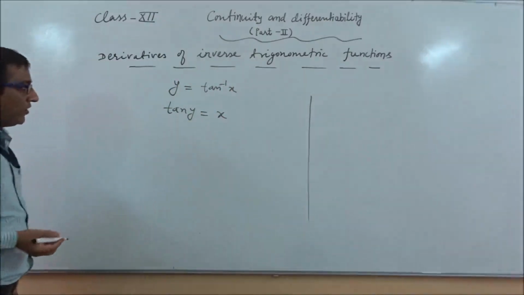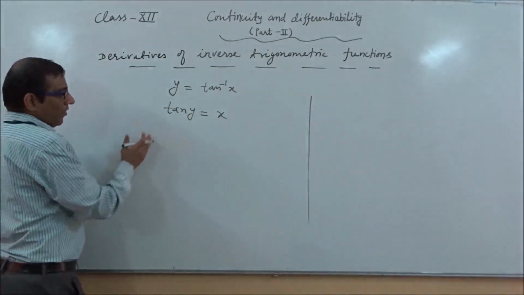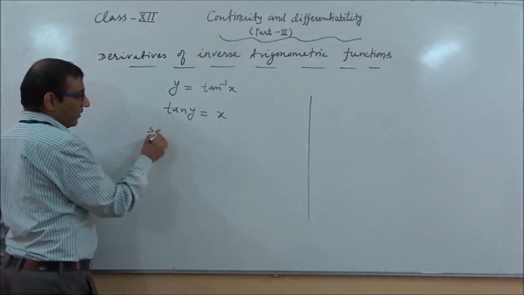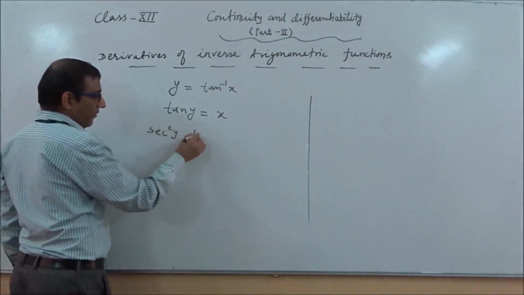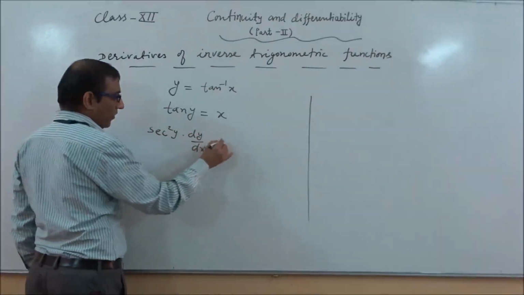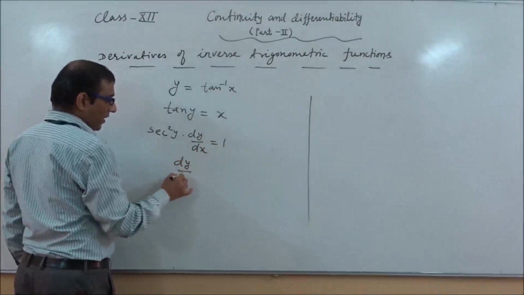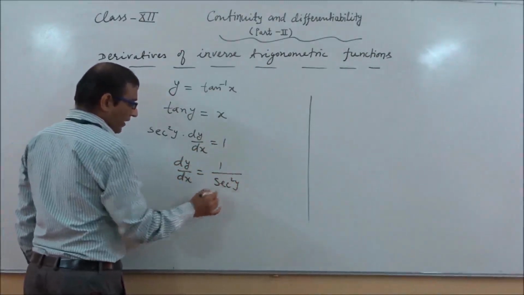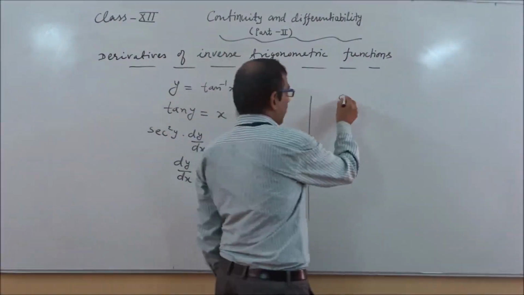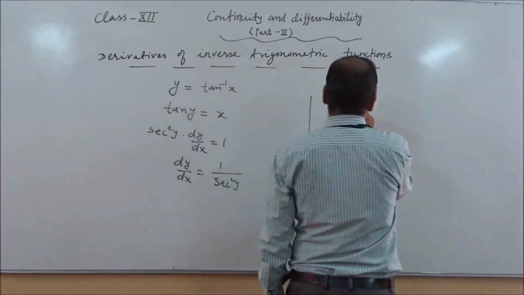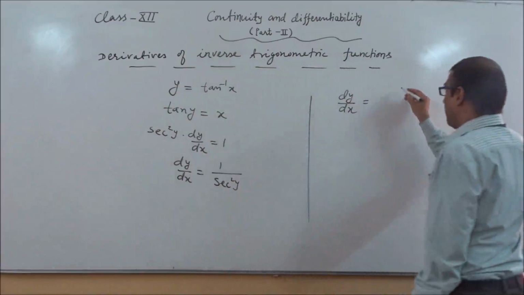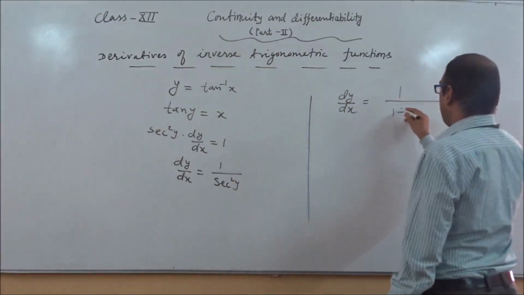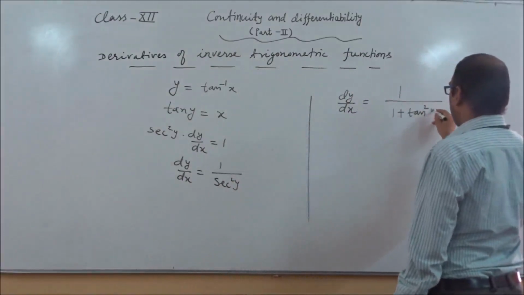Now we will go with differentiation. The differentiation of tan y is sec square y into dy by dx, and this equals 1. So dy by dx equals 1 upon sec square y. As per the trigonometric identity, sec square y can be written as 1 plus tan square y.